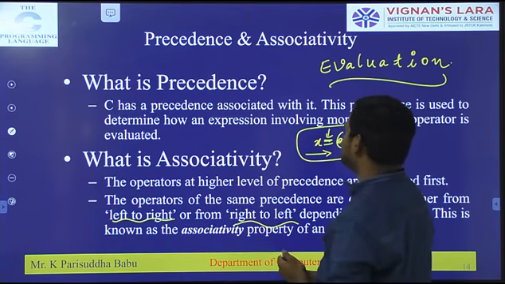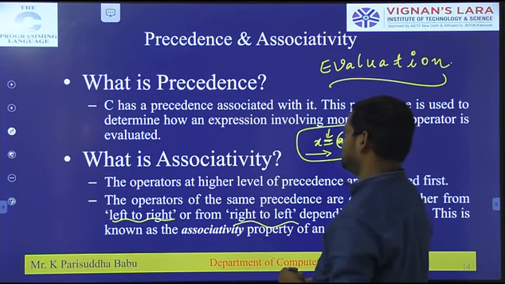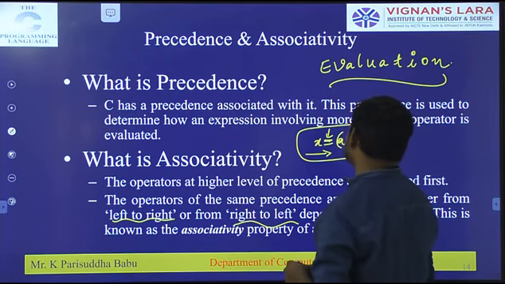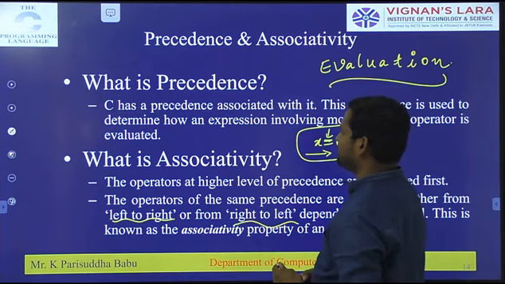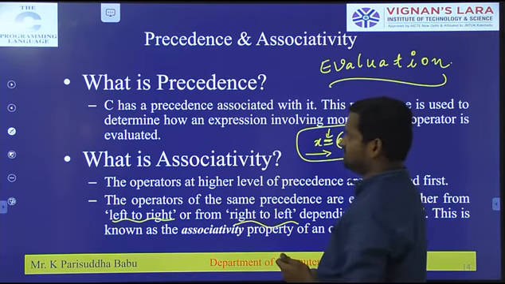See this precedence and associativity. C has a precedence and associativity associated with it. Precedence is used to determine how an expression involving more than one operator is evaluated.